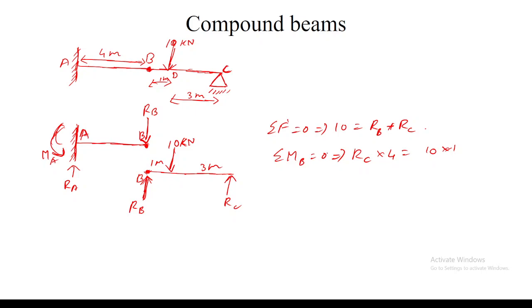Is it correct? Yes, sir. So what is the value of RC? It will be 10 by 4, which equals 2.5 kilonewtons, and the direction is upwards, as we have taken. From this, I can find the value of RB, which is 7.5 kilonewtons in the upward direction.